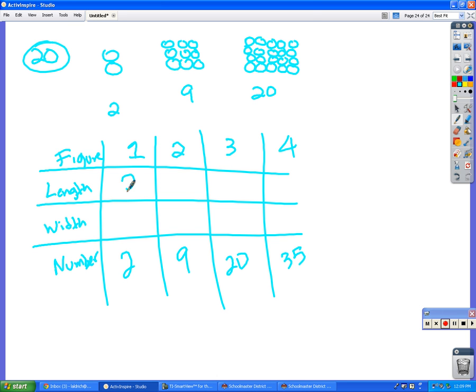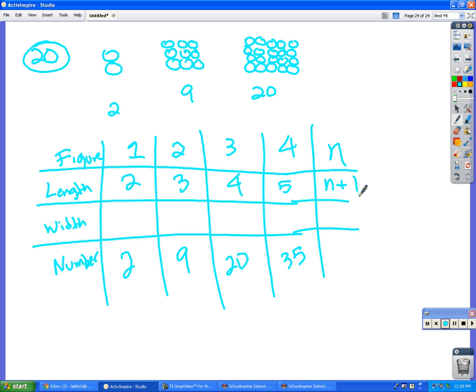Okay. What's the length of the next one? 3. And that one's 4, and this one is 5. How do these numbers in the length column match up with the figure number? They're one more. 1 plus 1 is 2, 2 plus 1 is 3, 3 plus 1 is 4. So this is n plus 1.